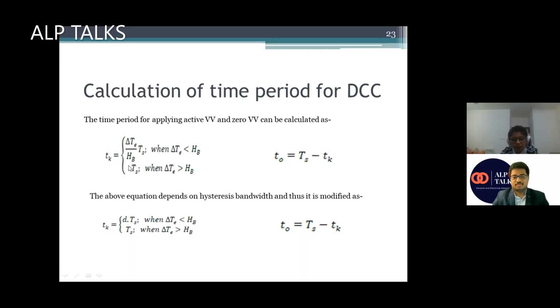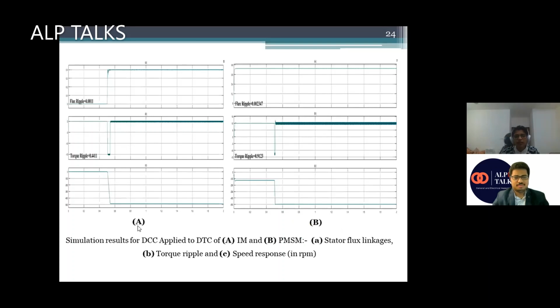To overcome this problem, we move with the second formula, which is Tk equals D times TS, when the error in torque is less than the hysteresis band limit of the torque comparator, where D is the duty cycle which has been calculated, and it depends on a constant also. So this is the output, and by seeing it you can see the ripple in the output reduces much more.